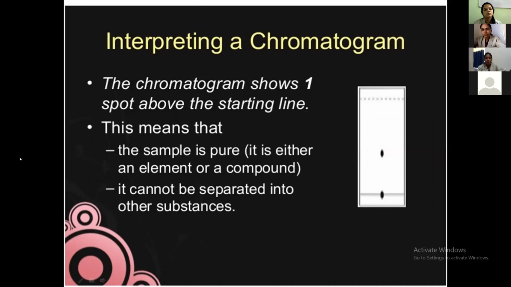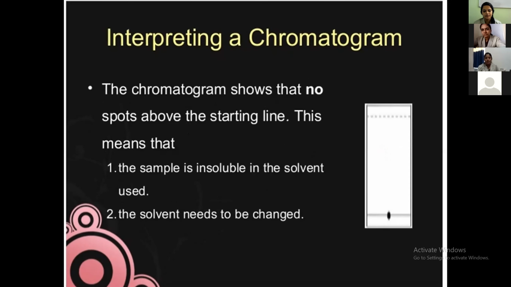And if we get one black spot like this, we can interpret that the sample is pure or it cannot be separated into other substances. And the third one is like this. The chromatogram shows no spots above the starting line.